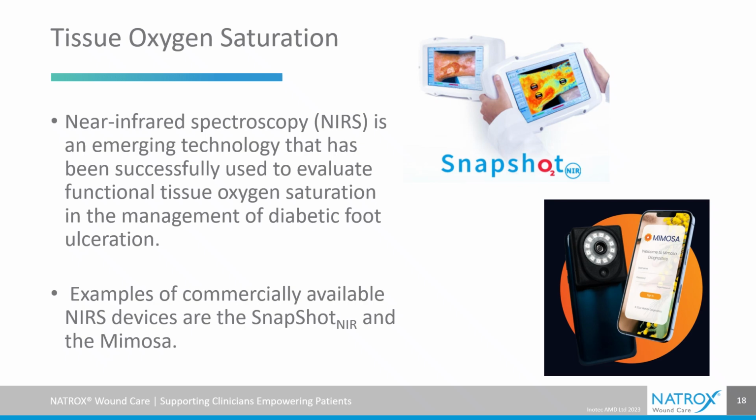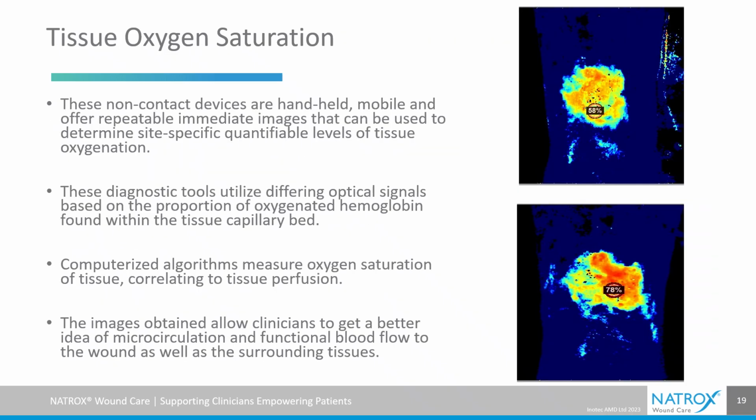Examples of commercially available NIRS devices are the Snapshot and the Mimosa. These non-contact devices are handheld, mobile, and offer repeatable, immediate images that can be used to determine site-specific, quantifiable levels of tissue oxygen.